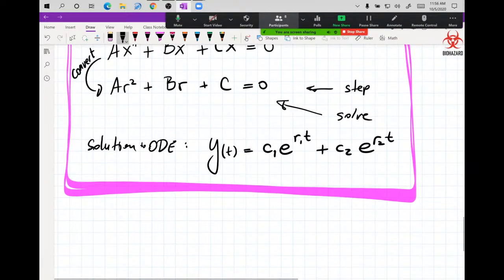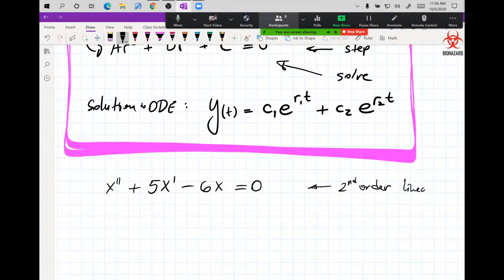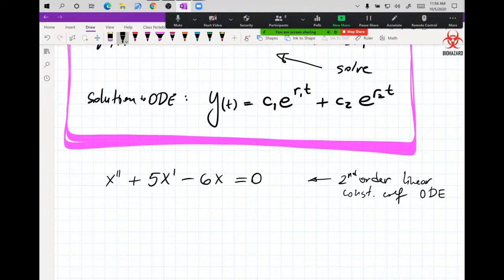So what is happening here? Let's say you have x double prime plus 5x prime minus 6x equal to 0. So this is your second order linear constant coefficient ordinary differential equation. That's your life.